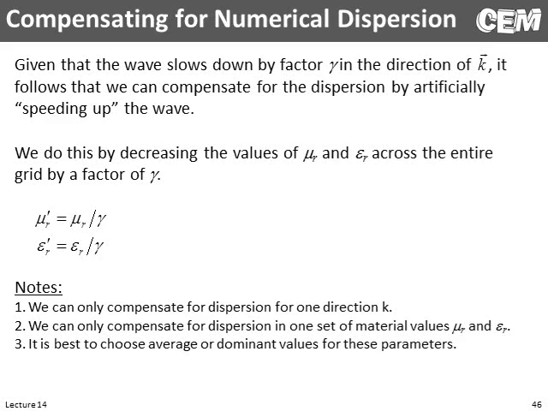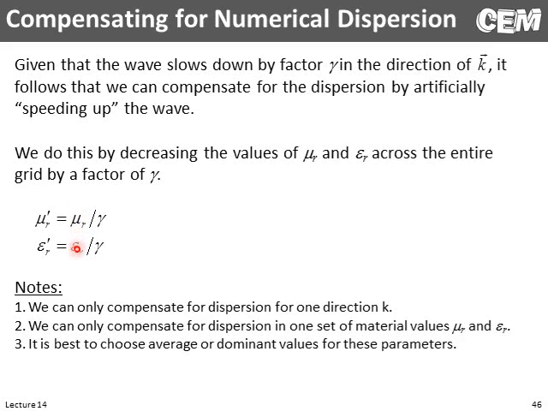Well, if our wave is slowing down artificially, and we don't want that, it makes a little bit of sense that the fix to this is to speed it up. So how do we speed it up? By changing our relative permeability and permittivity across the entire grid. So we're going to build a device on a grid, and it's going to have some relative permeability and some relative permittivity, and these will be a function of position.